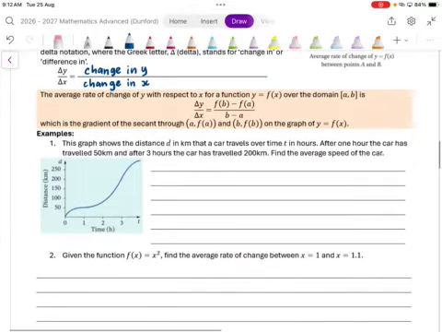So in our example, this graph shows the distance d in kilometres that a car travels over time t in hours. After 1 hour, the car has travelled 50 kilometres, and after 3 hours, the car has travelled 200 kilometres. We want to find the average speed of the car.